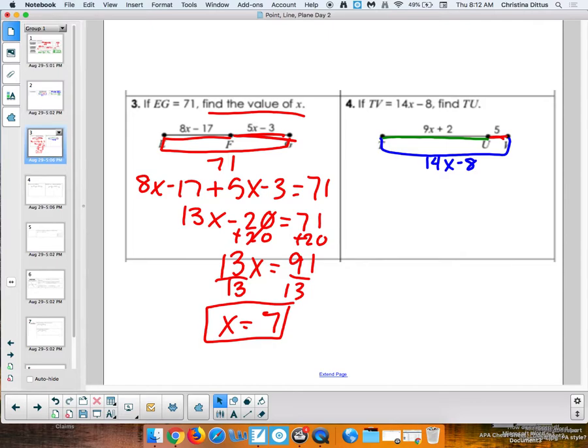You can tell me in colors if you want. Add what colors together? Green and blue? What do you think? Add green and red.